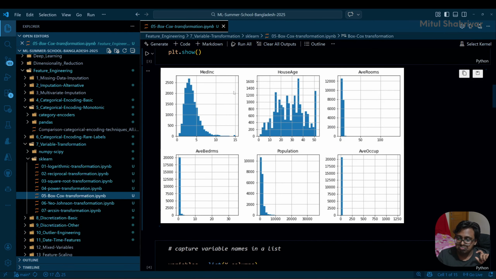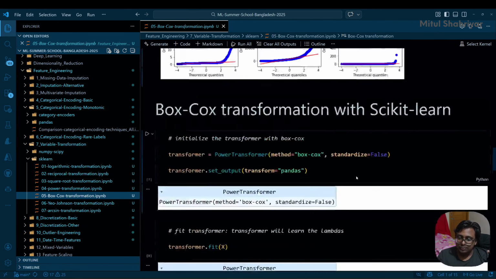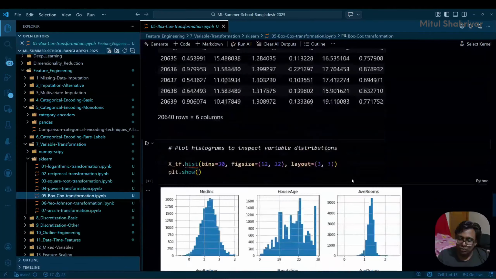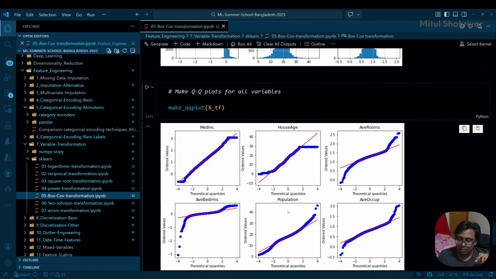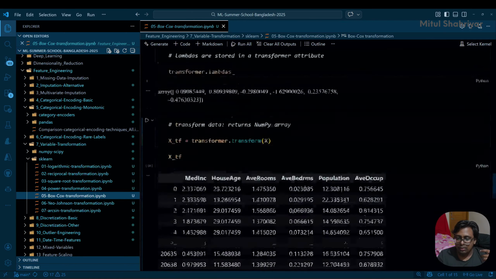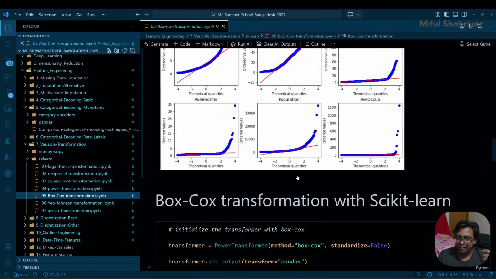These are the data you can see to the left, not totally in the middle, distributed to the left. After the Box-Cox transformation, somehow increased into the middle, but yeah, somehow better in the middle, that's good. This is the after QQ plot, and this is the before QQ plot.